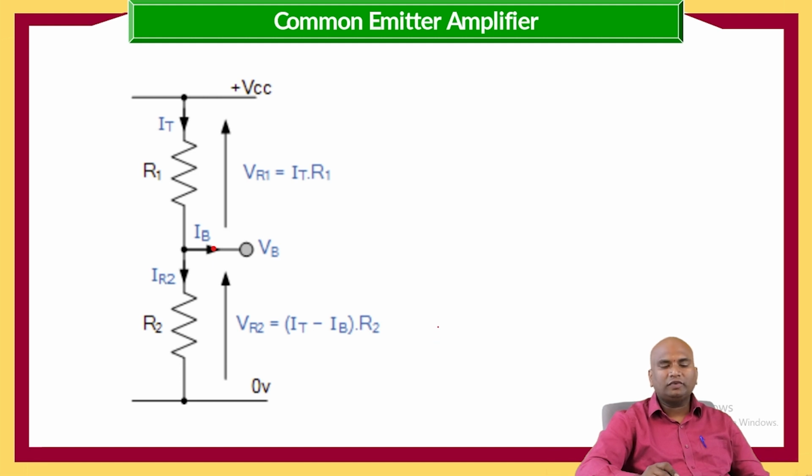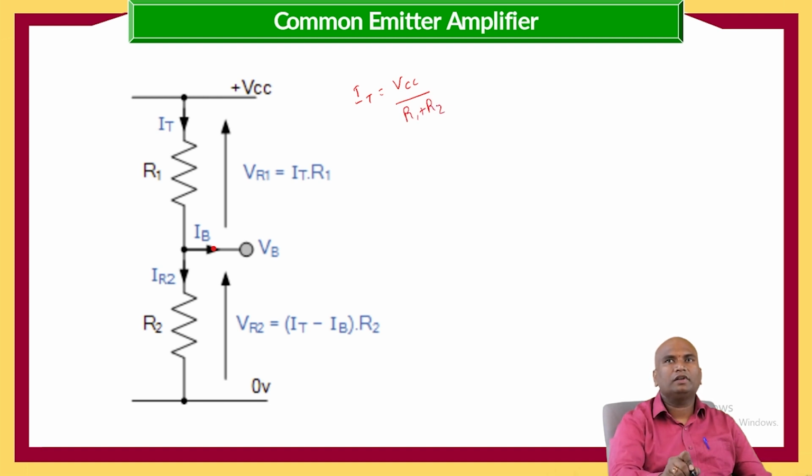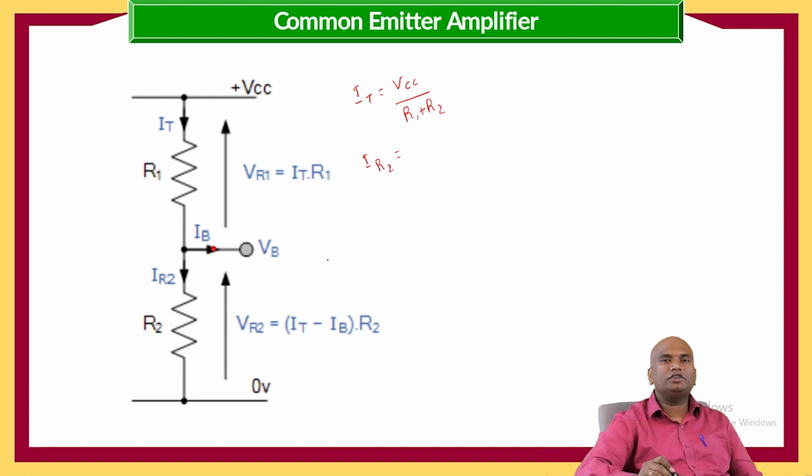So here IT is the total current, where IT is equal to VCC by R1 plus R2. And here IR2 is nothing but IT, the entering current, minus IB, the leaving current. According to Kirchhoff's current law, IR2 equals IT minus IB.